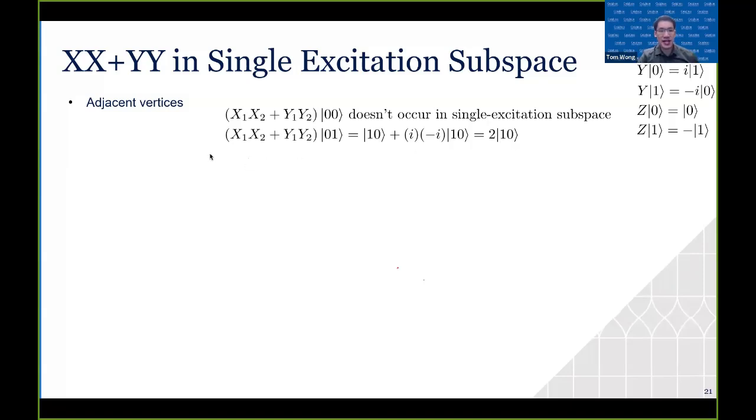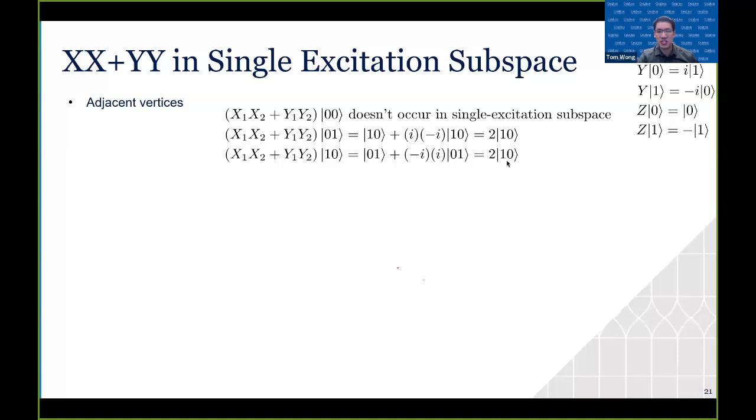What's another option we can have? Well, we can have that the excitation's at the right location and it's not at the left. So how does XXYY act on 1, 0? Well, XX will turn 1, 0 into 0, 1, and YY will also turn 1, 0 into 0, 1 because the minus i times i will just give me a positive 1. So this is also 2 times 1, 0.